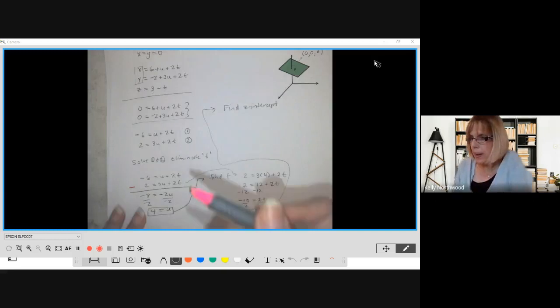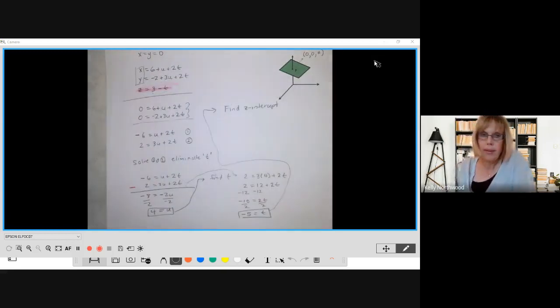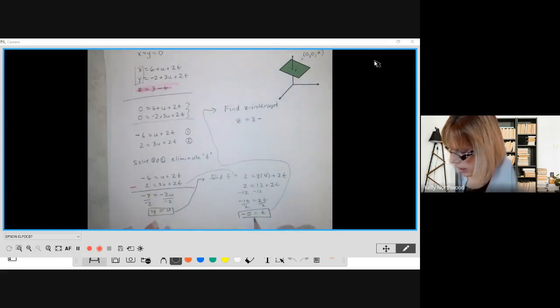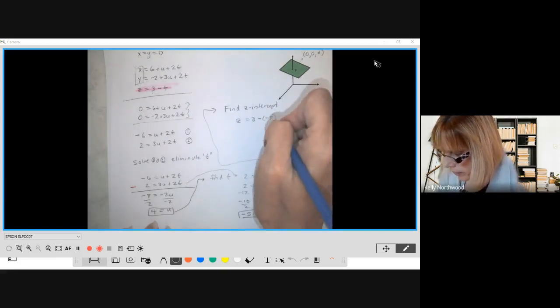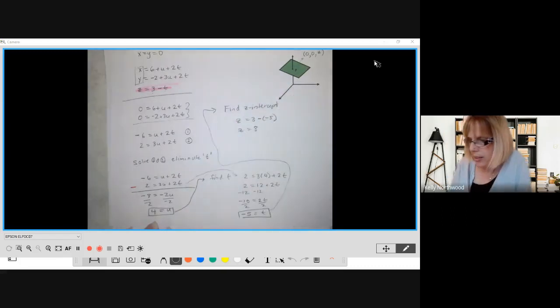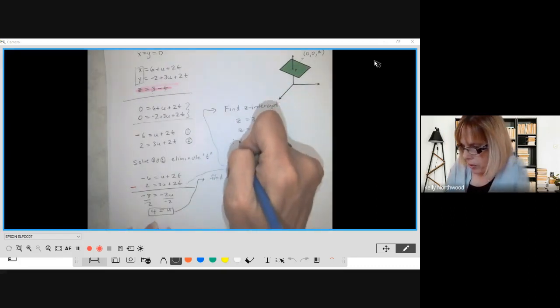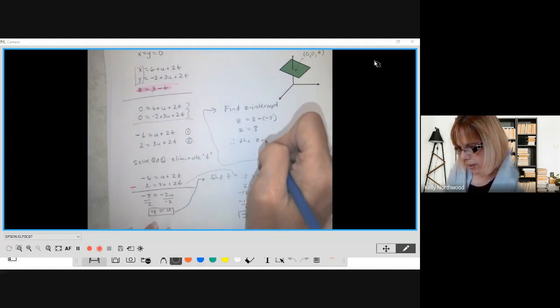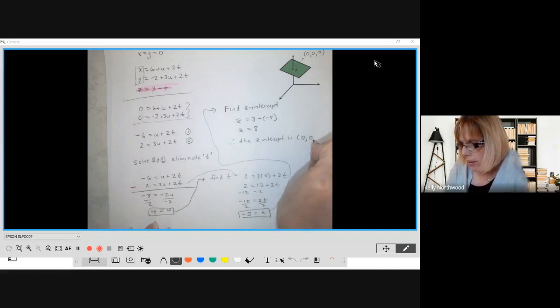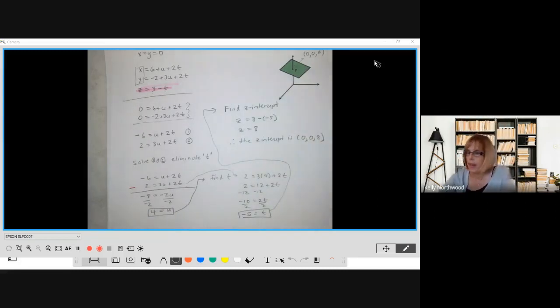We want to take our z parametric, z equals 3 minus t, and sub in -5 for t. If there was a u, we'd sub that in as well, but there isn't. z equals 8. So therefore the z-intercept is 0, 0, 8. So that plane crosses through the z-axis at the point 0, 0, 8.